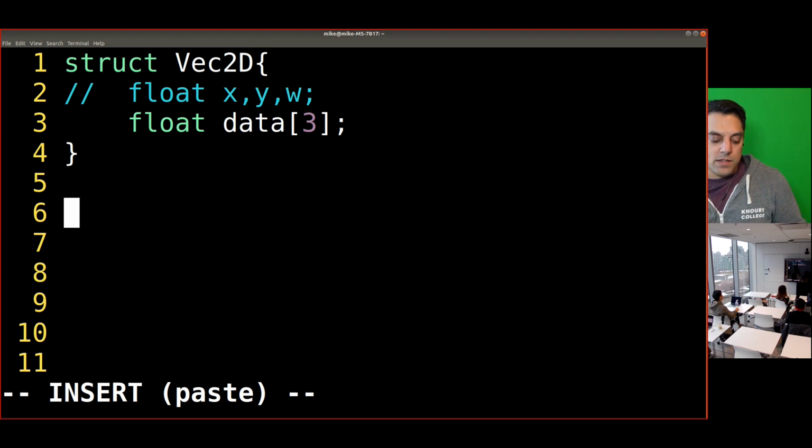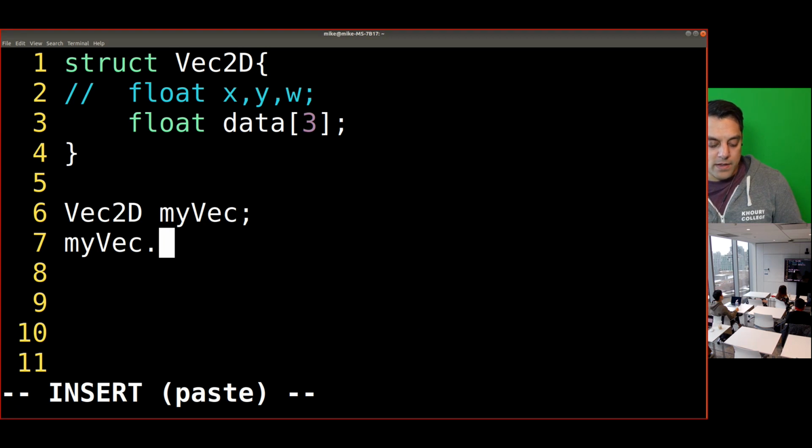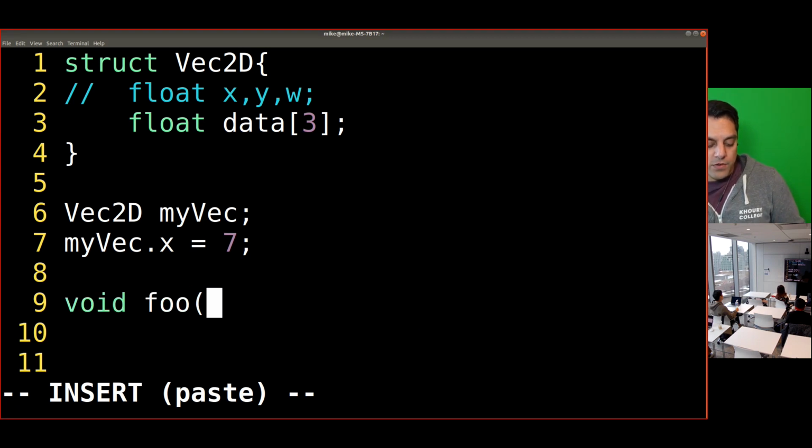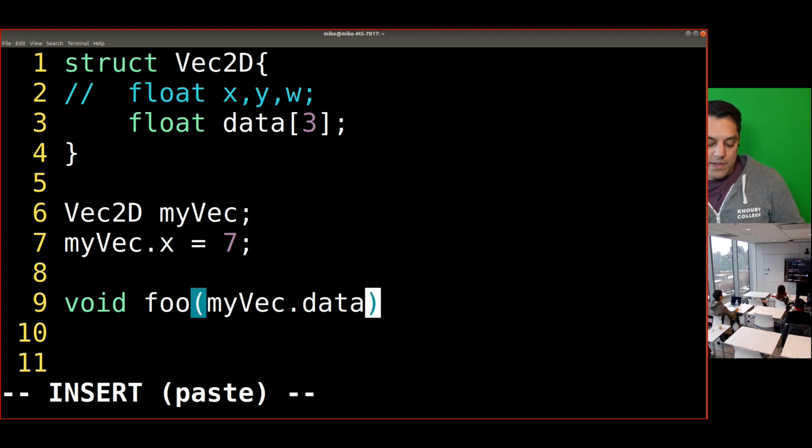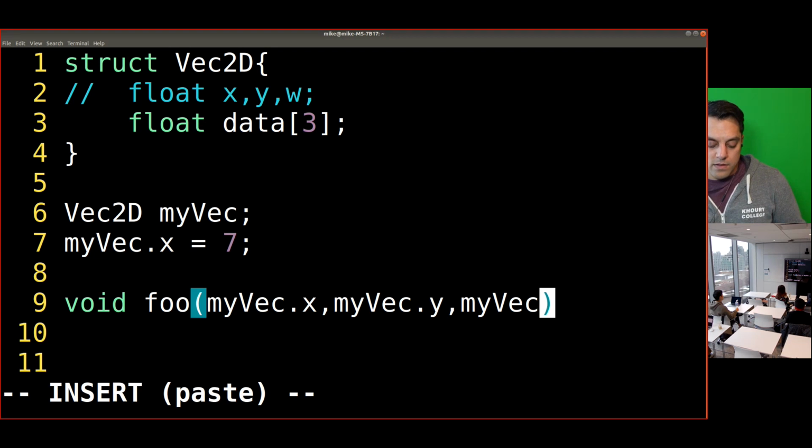But I want the ability to say vec2d myVec, my vec dot x equals 7, or I want the ability to have a function, void foo, and pass in my vec dot data, something like that. And this will pass in x, y, and w, okay? Without me having to go myVec.x, myVec.y, myVec.z, okay? So again, that's sort of the why I'm doing this.